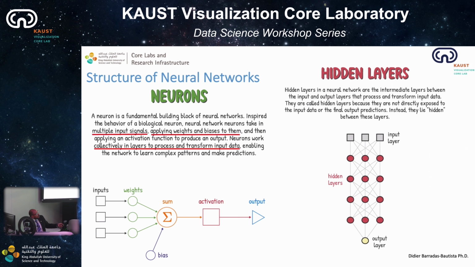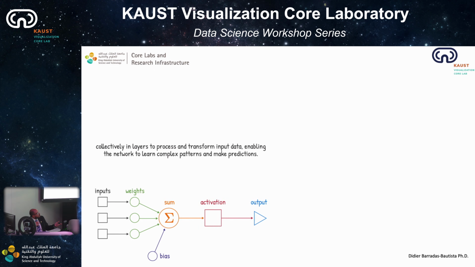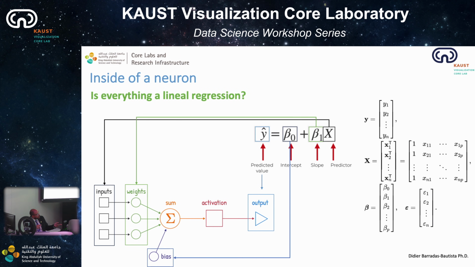Now, when you are talking to computational scientists, they're going to call them hidden layers, because what is between the input and the output is hidden to the naked eye, because you can only see the input and the output. Most of the time, you cannot track what's happening here. So this is where the black box comparison comes from. If you see here, what you have is something akin to a linear regression, but with matrices.